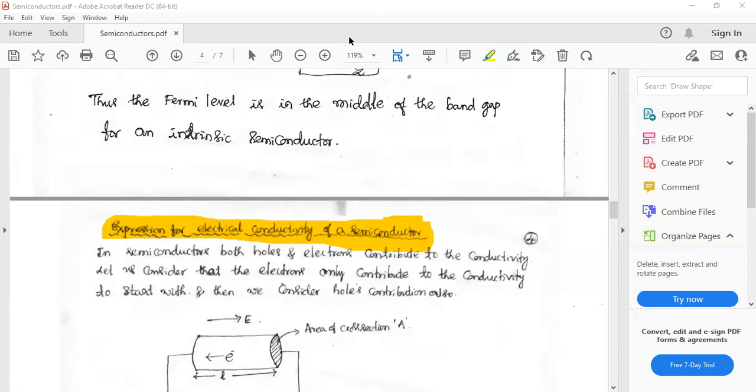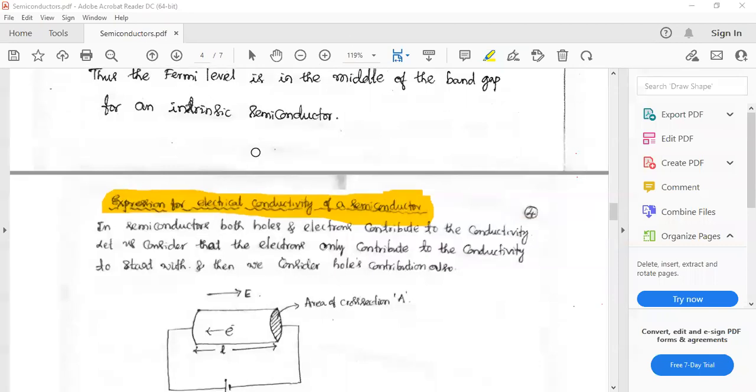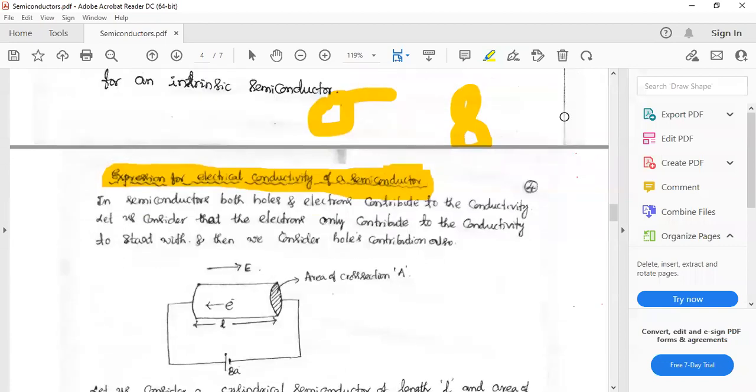I hope everybody can see this PDF. Now, this is a very important question. You have to derive conductivity sigma for semiconductors, and maybe 8 marks will be the weightage for this in the examination. I will start with some statements and construct the mathematical framework for sigma.